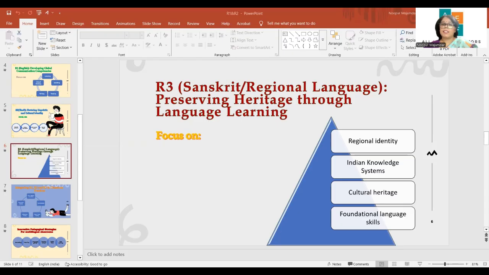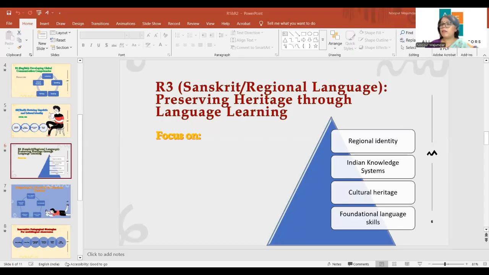Whether it is Sanskrit or any other recognized regional language, the objective is much larger than learning vocabulary and grammar. It's not learning of just grammar and vocabulary, right? It's about preserving India's linguistic and cultural heritage. For example, if I take my own house, I know Hindi, I know English, but if I take Bengali, I will be able to learn how to read, how to write, how to communicate in Bengali also, right?